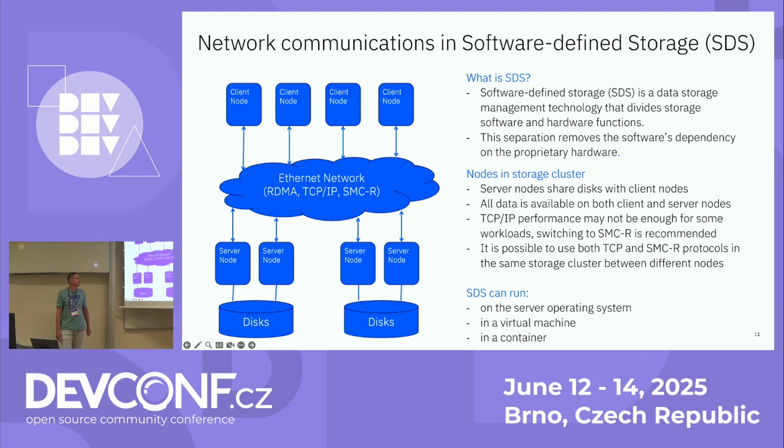In this configuration, some nodes are defined as servers, and they have direct access to disks, and other nodes are defined as clients, and they communicate with the server nodes over the network, which is extensively used for each read-write request from client nodes. Therefore, we need a very fast and low latency network, and here the SMC-R protocol comes into play and helps us to improve the network performance.